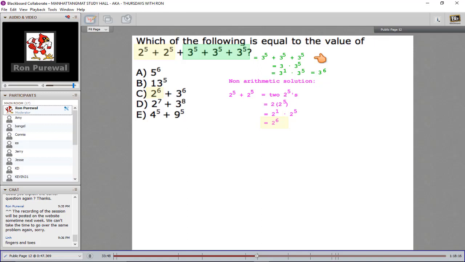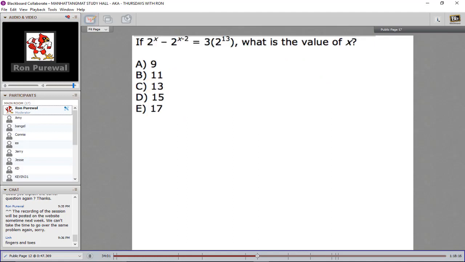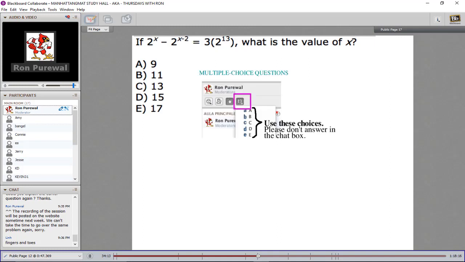Okay, let's do another one. How about this one? Remember, these are numbers. They are numbers that mean things in the world. And don't forget where your multiple choice answers are found. Give it a shot.